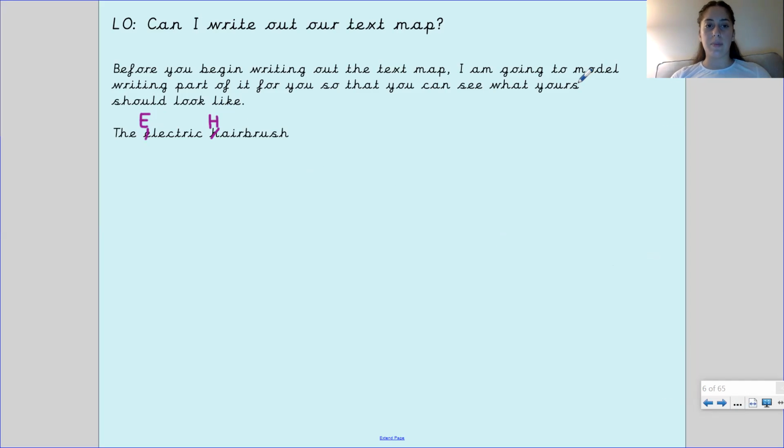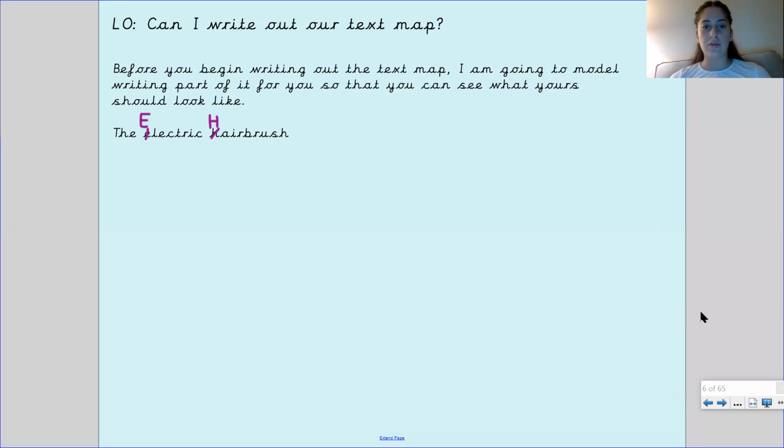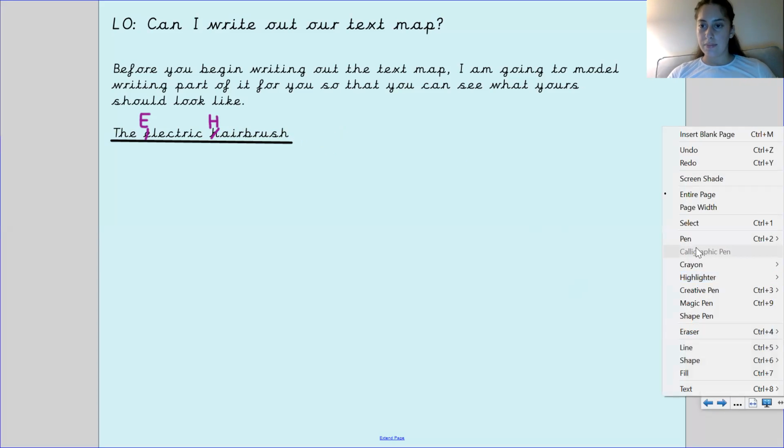So now I'm going to look back at my text map to see what the next part is. And before I do that, I'm going to select my shape pen. Hopefully you've got a straight object at home where you can underline the title. This is a shape pen, so it recognizes the shape that I'm trying to use. Okay.